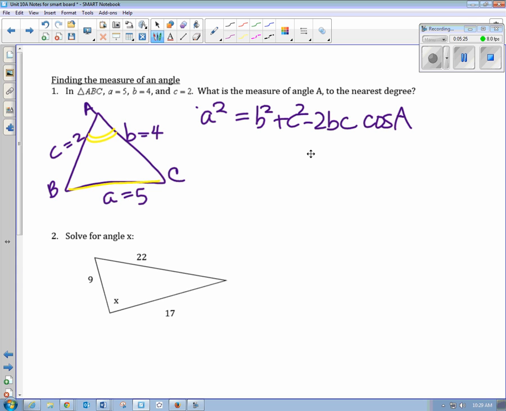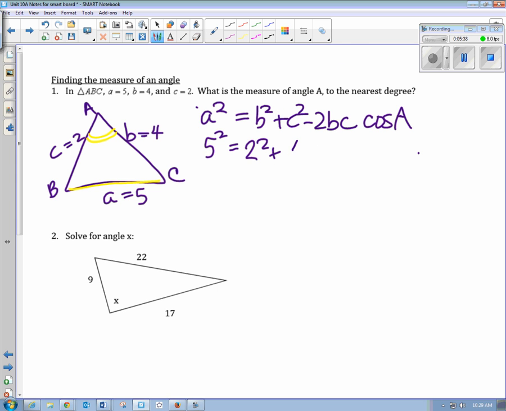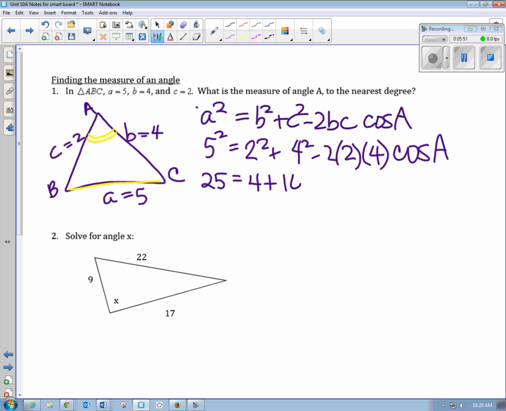Substitute in what I know, so I have 5 squared equals 2 squared plus 4 squared minus 2 times 2 times 4 times the cosine of angle A. So this gives me 25 equals 4 plus 16 minus 16 cosine A. I combine like terms.